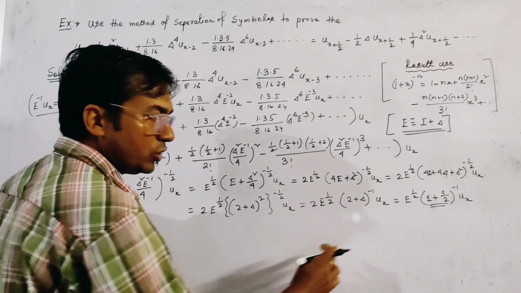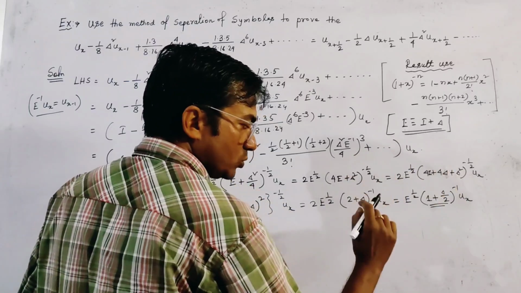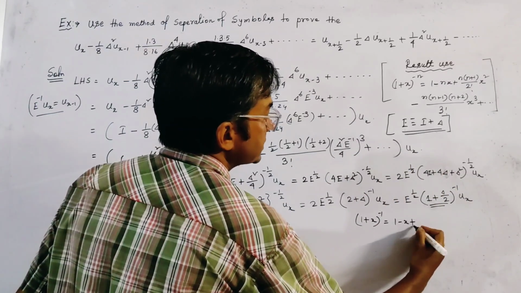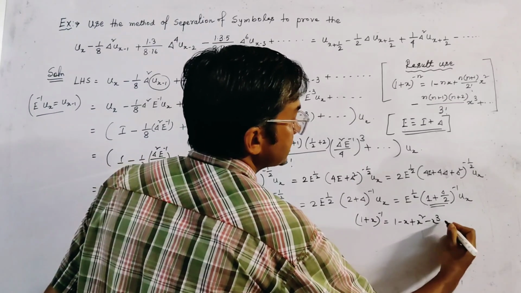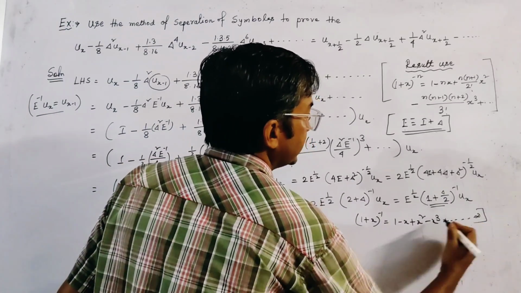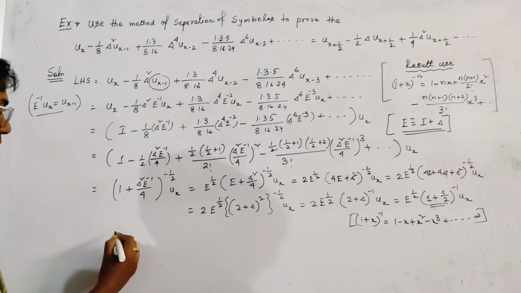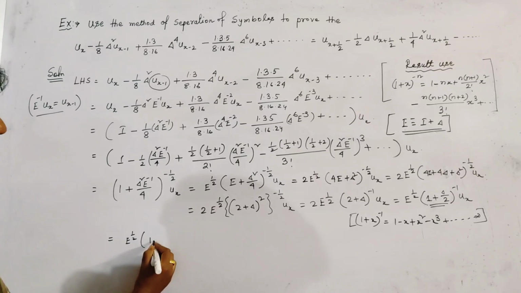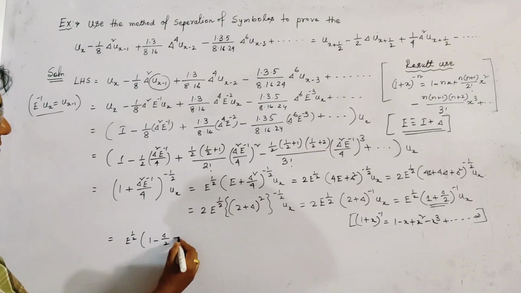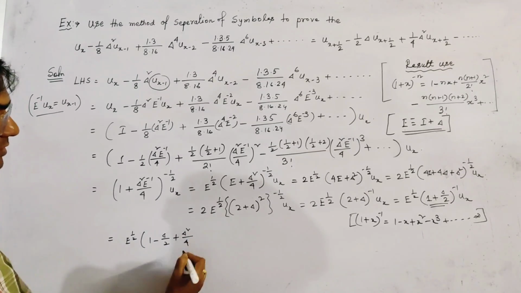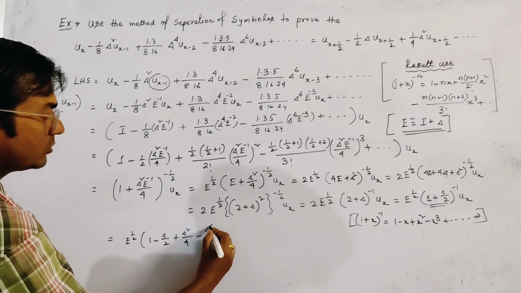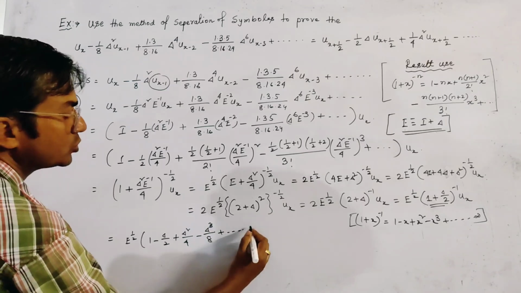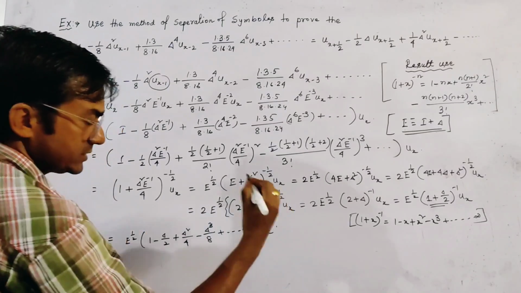Now we use the formula of (1 plus x) to the power minus 1, which means 1 minus x plus x squared minus x cubed plus and so on to infinity. This is an infinite series, and using it we write E to the power 1/2 into (1 minus delta/2 plus delta squared/4 minus delta cubed/8 plus and so on to infinity) into u_x.